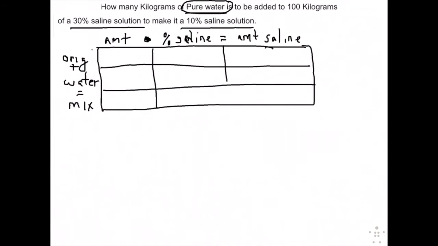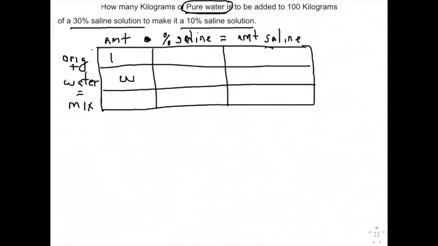Okay, so now I have my table, and I just have to go through my word problem and fill in all the squares I can fill in. So it says, how many kilograms of pure water? So that's the unknown, the amount of pure water I need added. Must be added to 100 kilograms of the original.